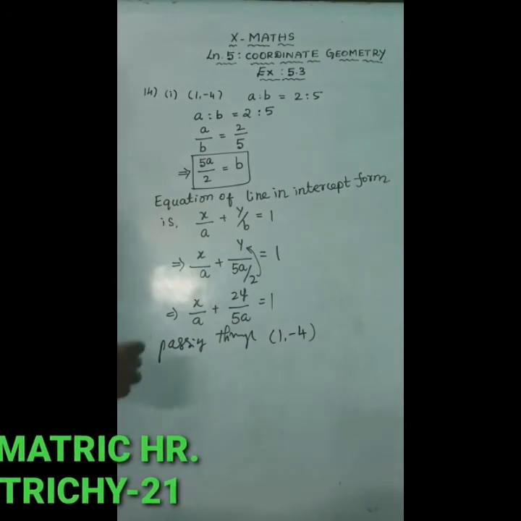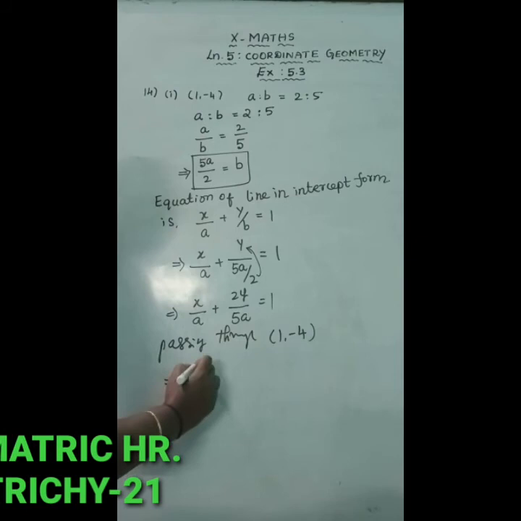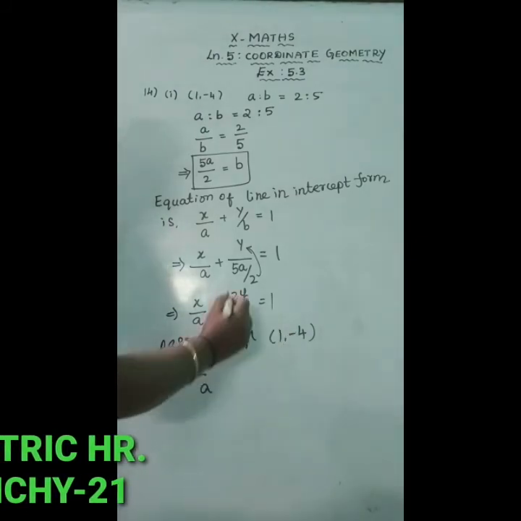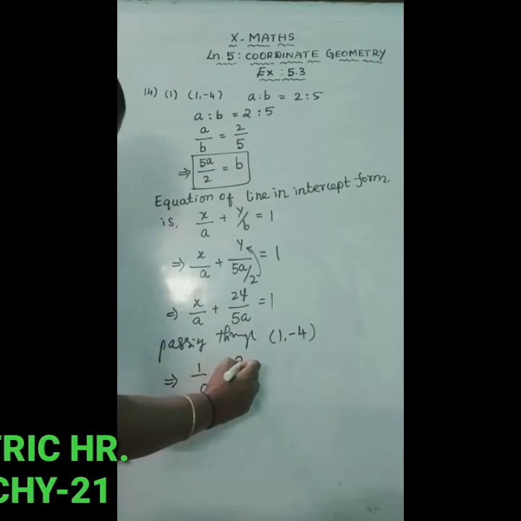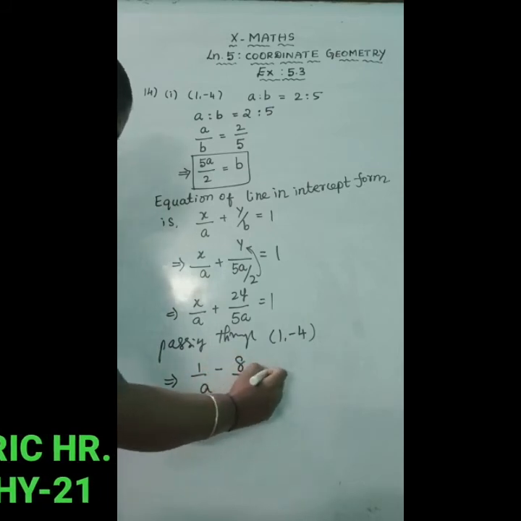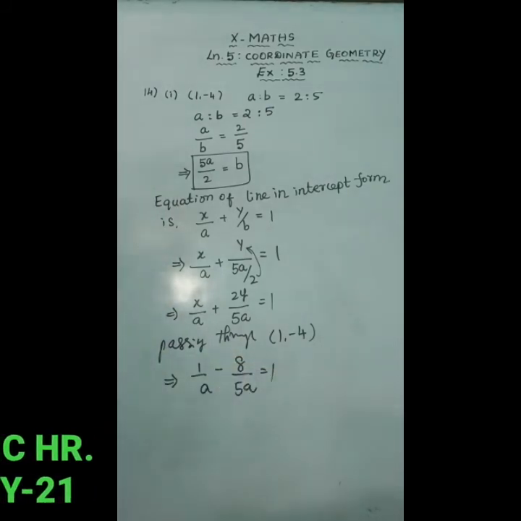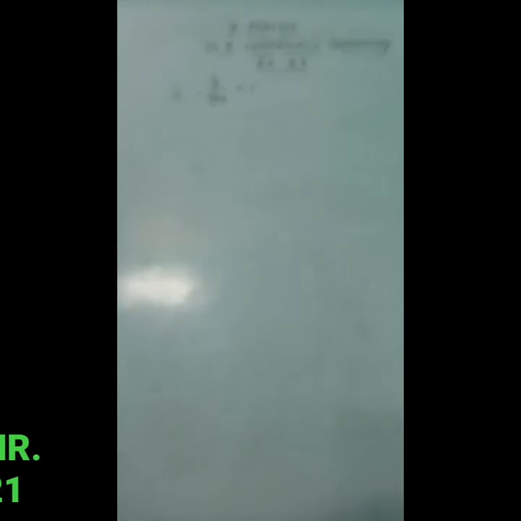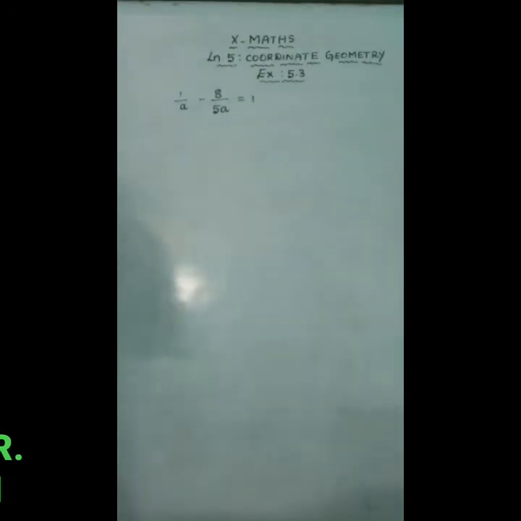We have 1 divided by a, then 2 into minus 4, minus 8 divided by 5a is equal to 1. So the equation is 1 divided by a minus 8 divided by 5a is equal to 1.